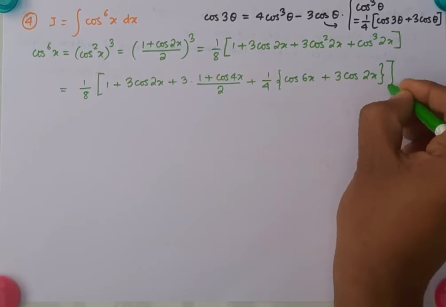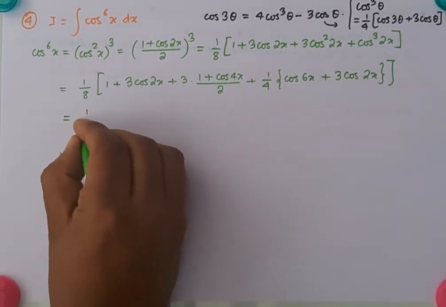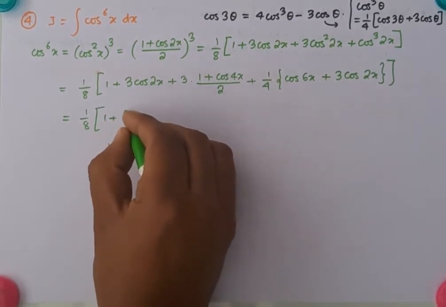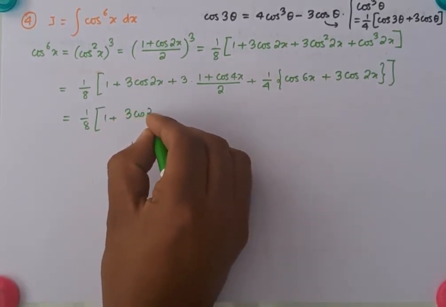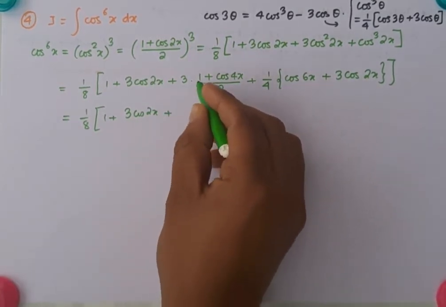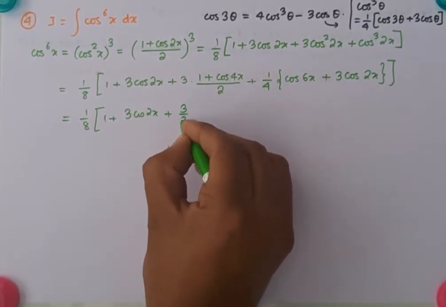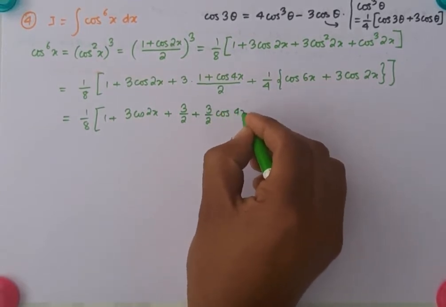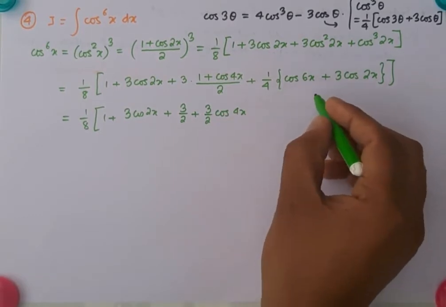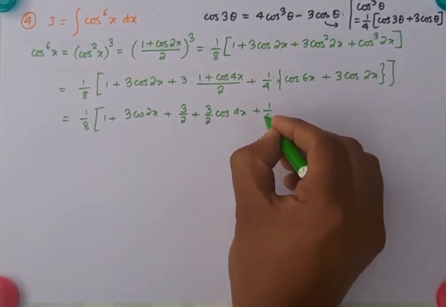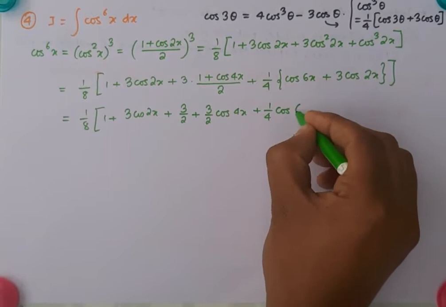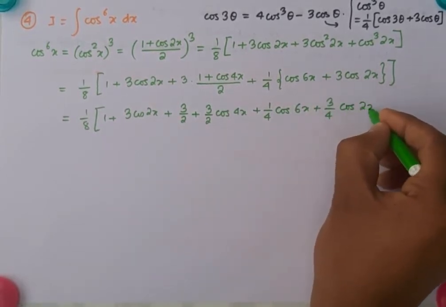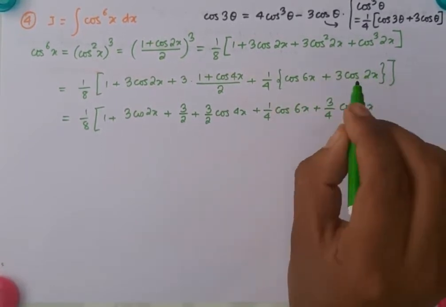So this becomes 1 by 8 (1 plus 3 cos 2x plus 3 by 2 plus 3 by 2 cos 4x plus 1 by 4 cos 6x plus 3 by 4 cos 2x).